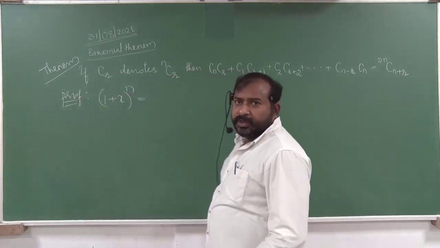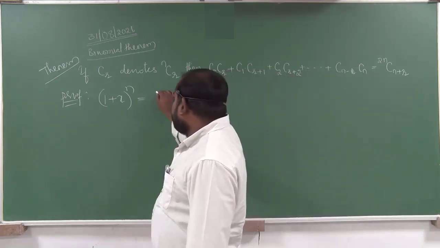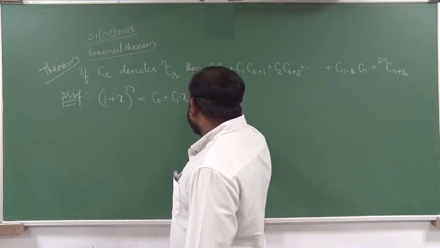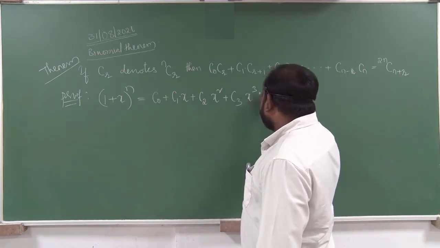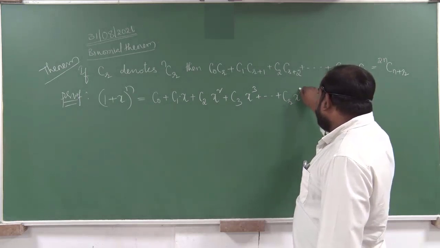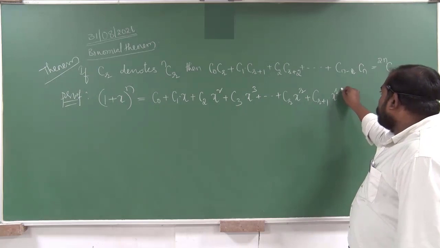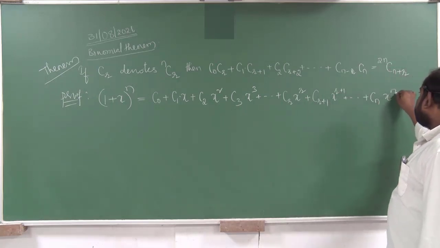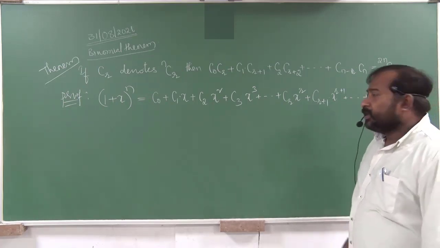Already we know. (1 plus x) whole power n is equal to C0 plus C1 into x plus C2 into x square plus C3 into x cube plus so on, Cr into x power r plus Cr plus 1 into x power r plus 1 plus so on. What is the last value? Cn into x power n. So this is the expansion we already know.